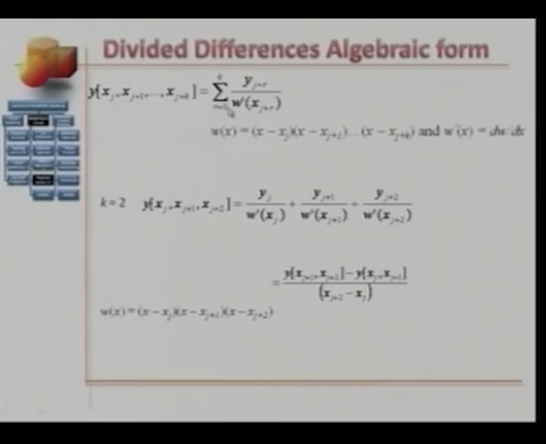Assume that this expression is true for, say, y equals xj, xj plus 1 up till xj plus k. And using this result itself, try to compute the next divided difference, which is y of xj, xj plus 1 up till xj plus k plus 1. And try to show that using this result itself, you are able to accurately compute the subsequent divided difference. This is mathematical induction for you.